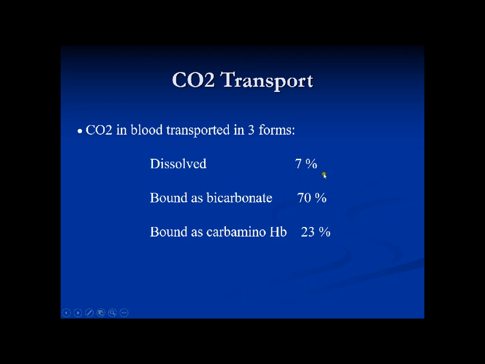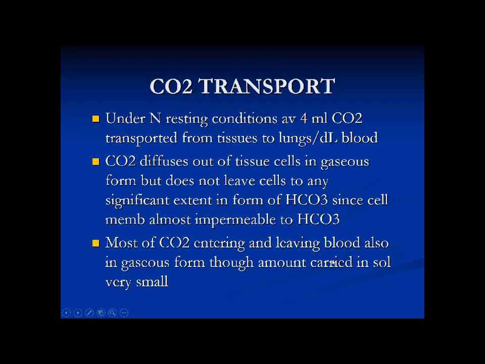So 7% of the total is transported in a dissolved manner, 70% as bicarbonate, and 23% as carbamino hemoglobin. Under normal resting conditions, an average of 4 ml of carbon dioxide is transported from tissues to the lung per 100 ml of blood.